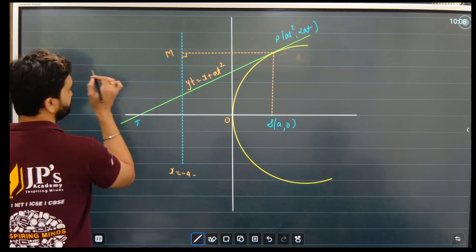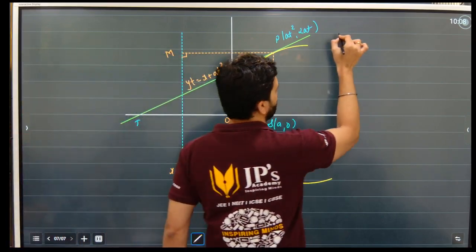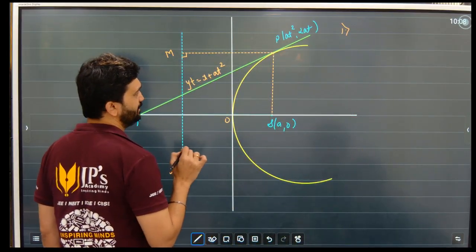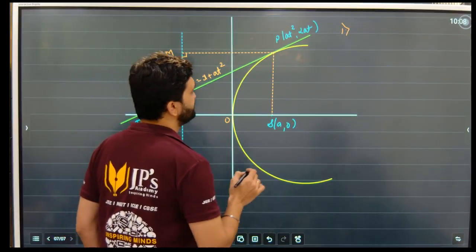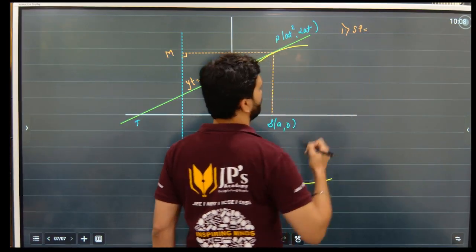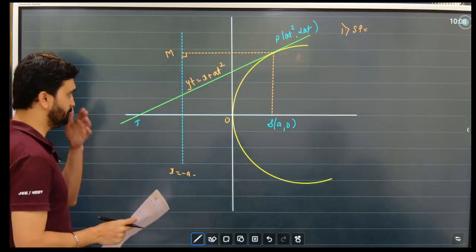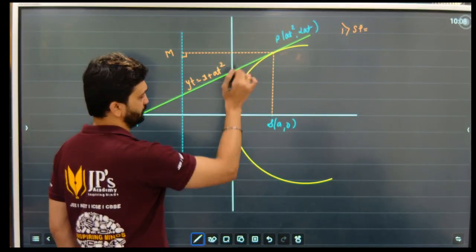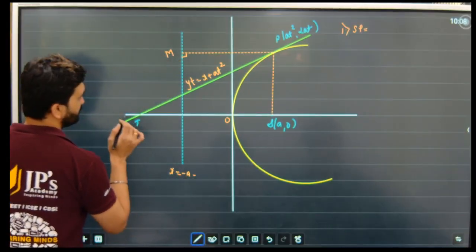First, part one. Can anyone tell me what will be the SP value? How will I find the SP value? How can I solve SP? I can solve SP by the distance formula.